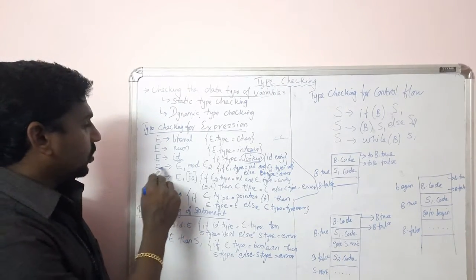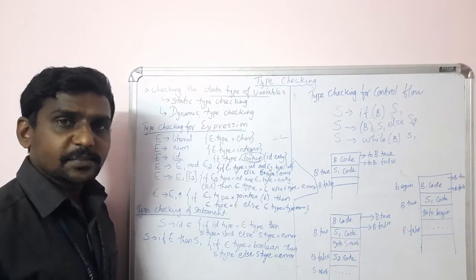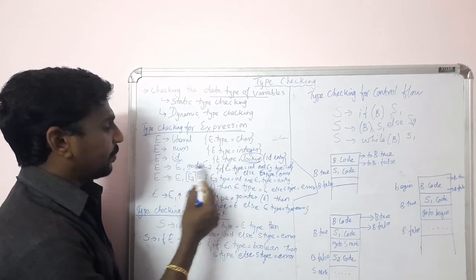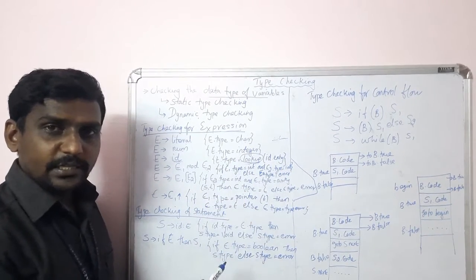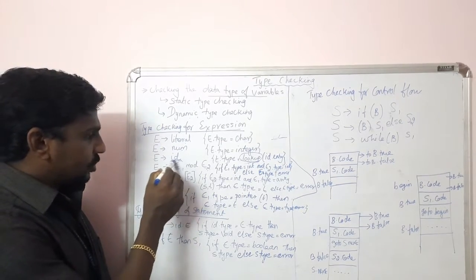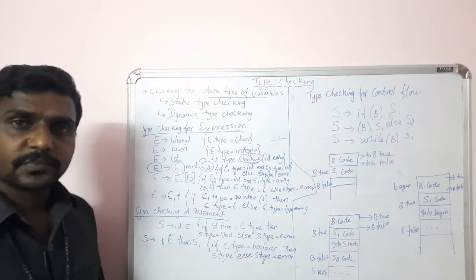Clear? Right. So E tends to E1 mod E2. We write this semantic rule as: if E1 dot type equal to integer and E2 dot type equal to integer, then E dot type equal to integer. If both types are integer, then E dot type is integer.